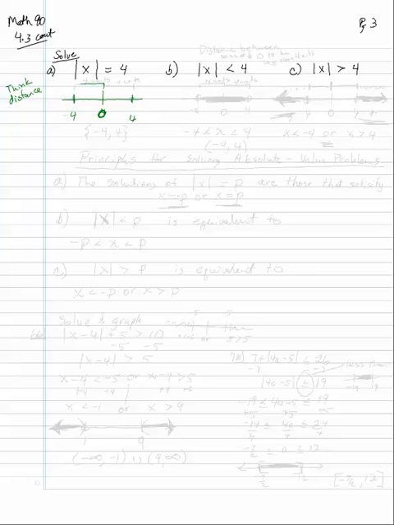So here, this is 4 units. This is 4 units. So if x could be exactly equal to 4 units away, where could you stand? And the answer would be you could be standing at x equals 4 or x equals -4.